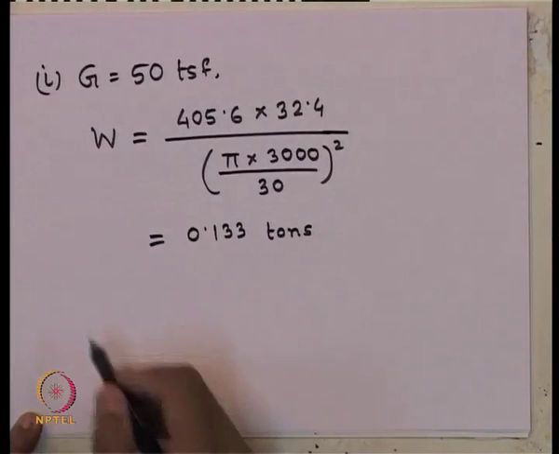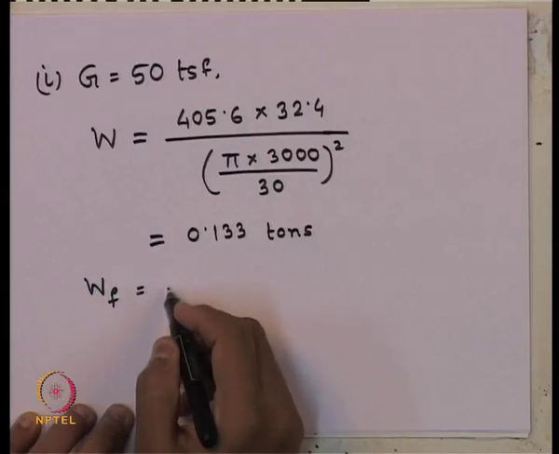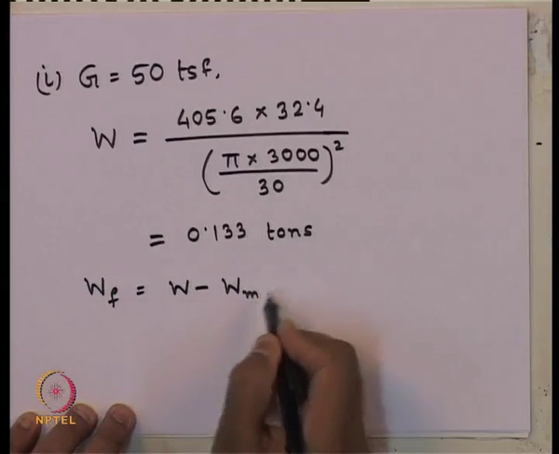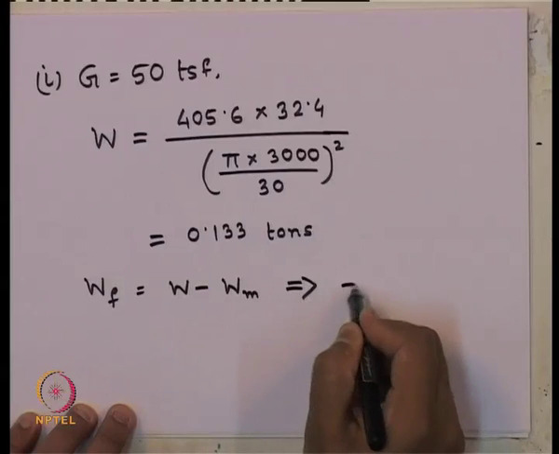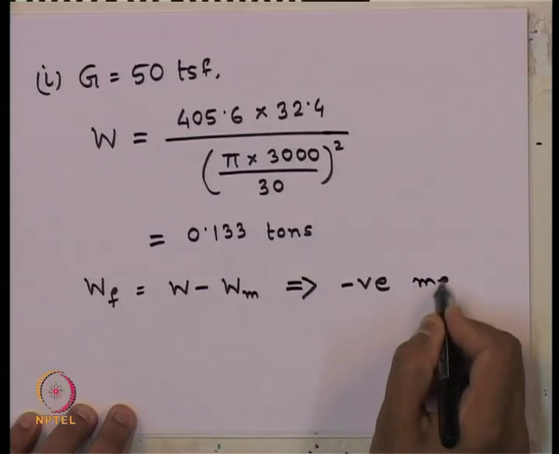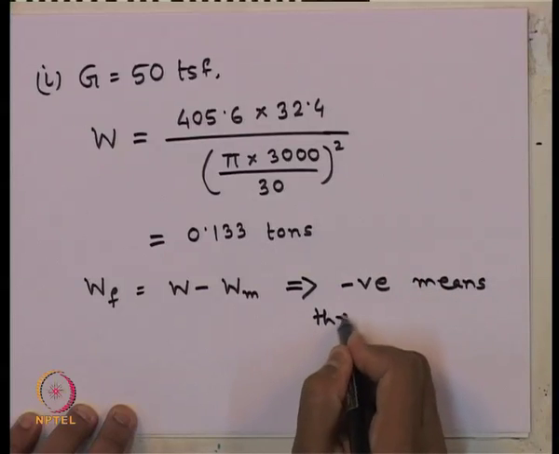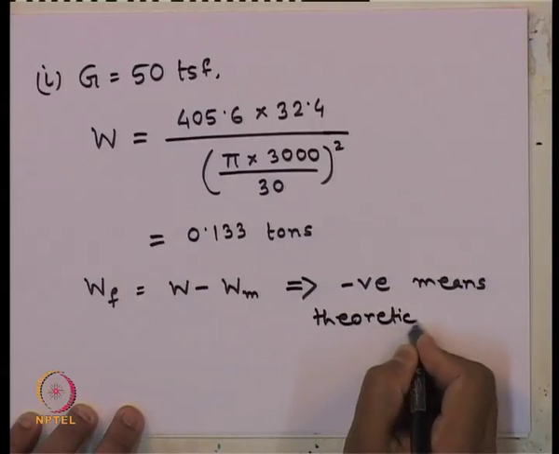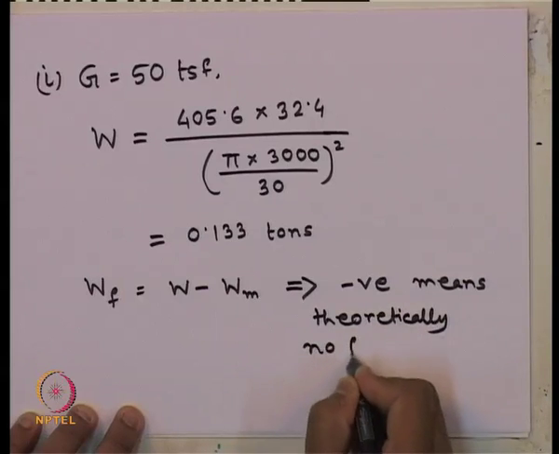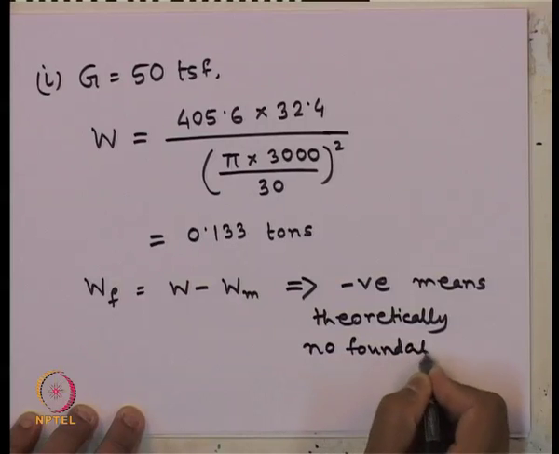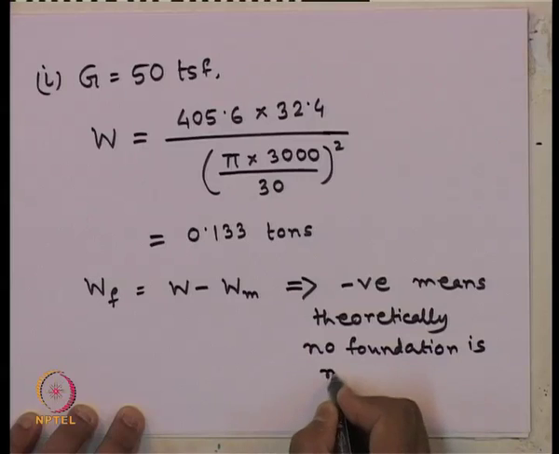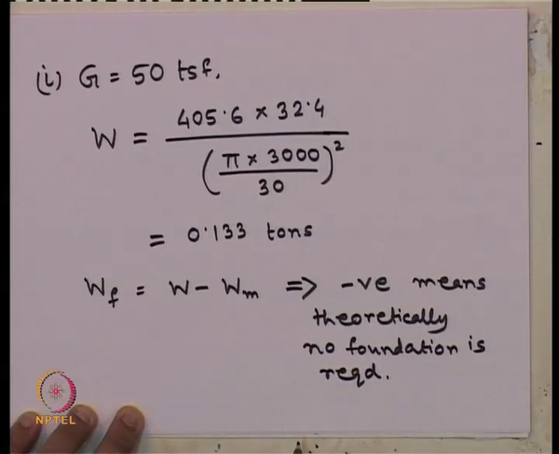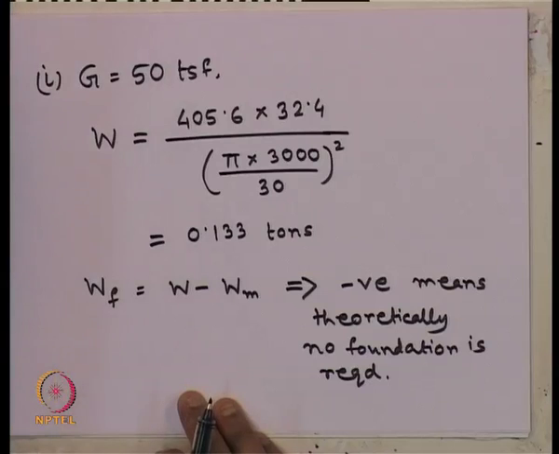So, weight of the foundation required is W minus Wm, which is giving us negative, means theoretically no foundation is required. But as I said, we can provide the minimum size. So, whatever minimum size is provided for this case of undertuned is good enough.